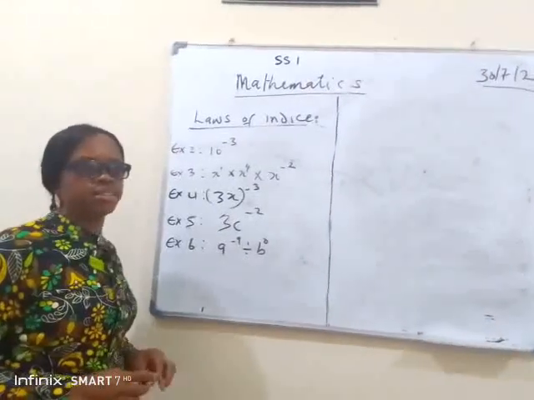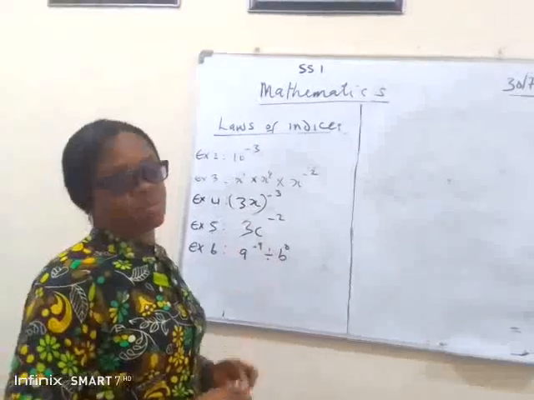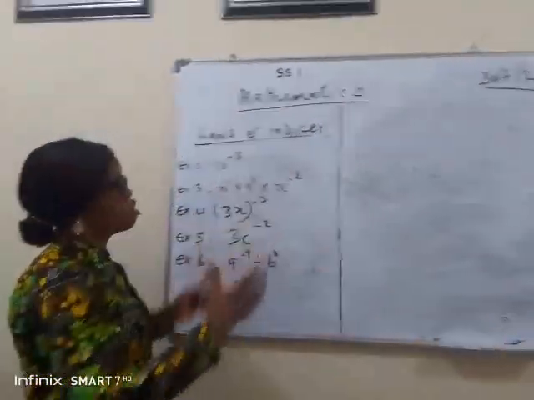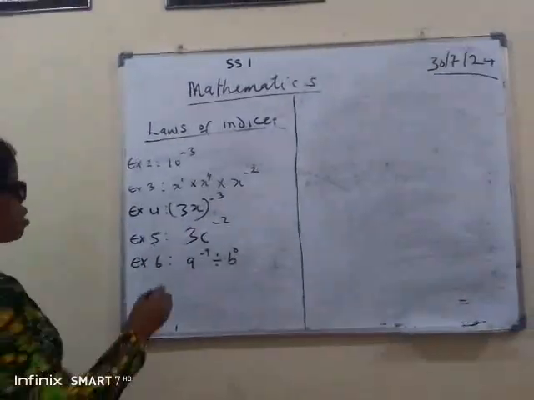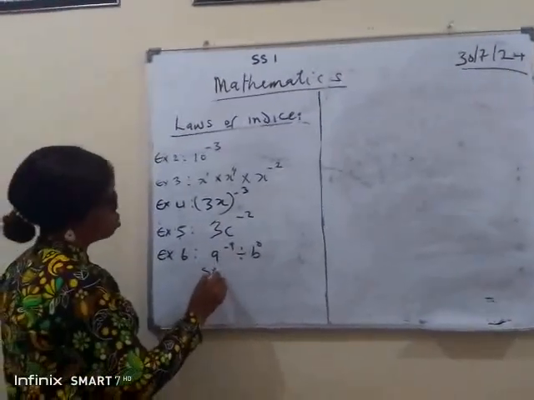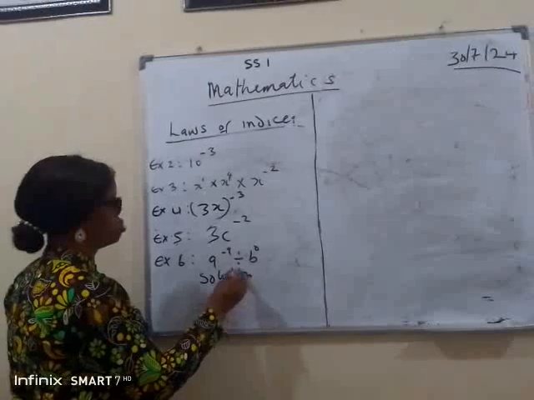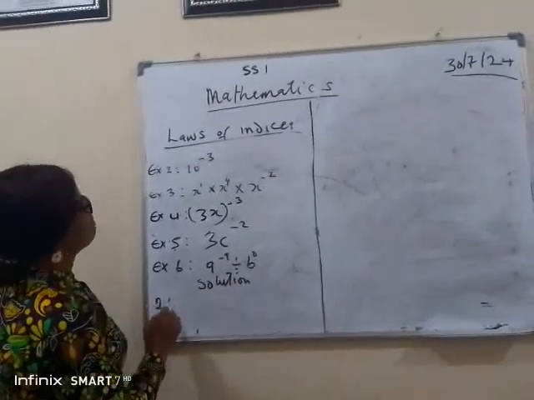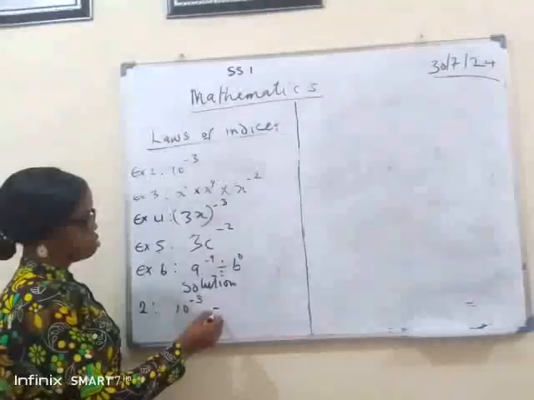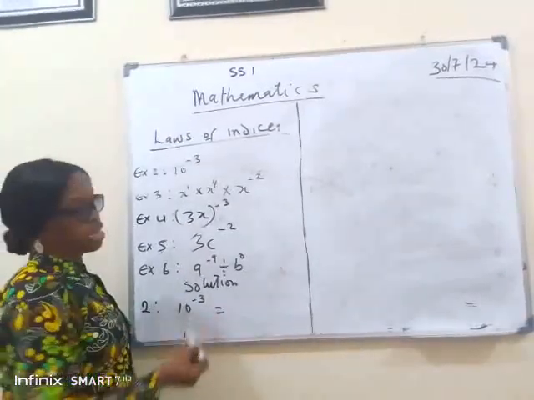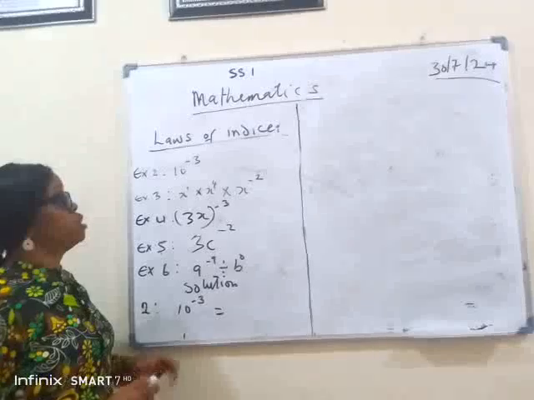Okay, let's look at some of the examples using some of these laws that we have discussed. The second example I have here is, let's start with example 2. Solution to example 2. I have 10 raised to power minus 3. The same thing as, if you look at it, it obeys the negative power law.